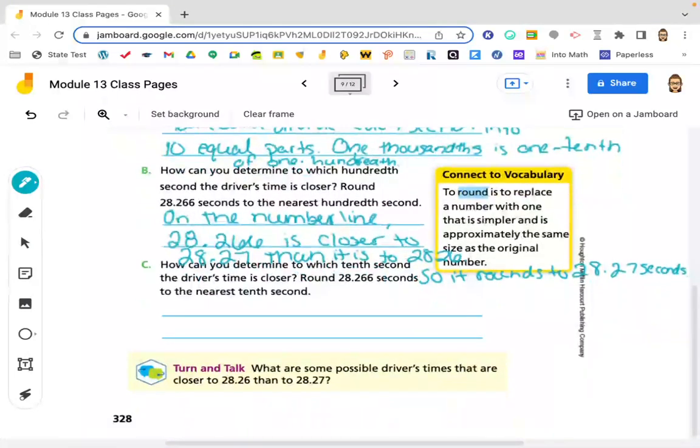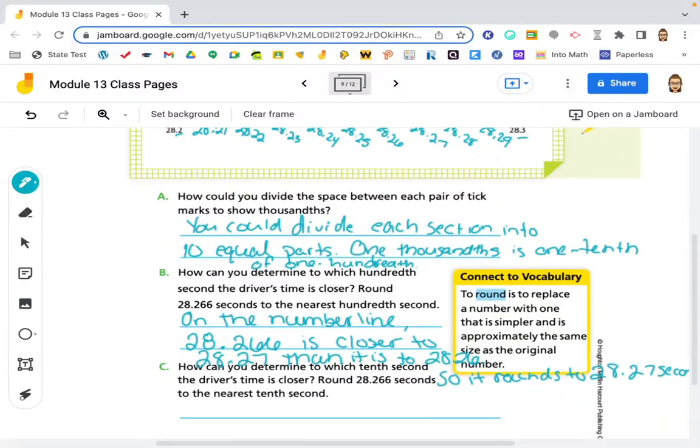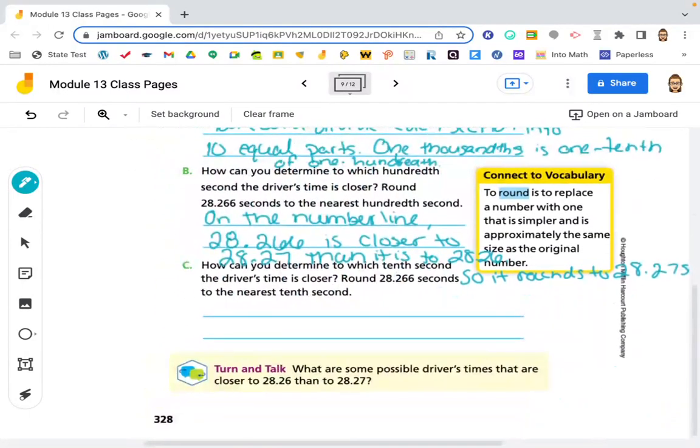How can you determine to which 10th second the driver's time is closer? Round 28 and 266 thousandths seconds to the nearest 10th second. Well, so just like before, if you look over here, this is the tenths, and it is closer.